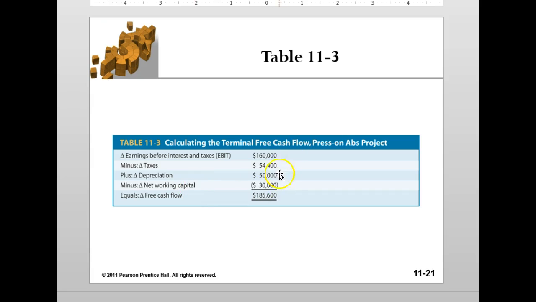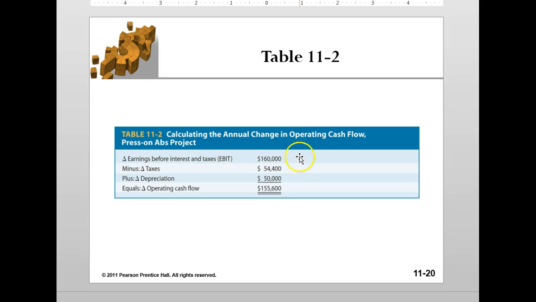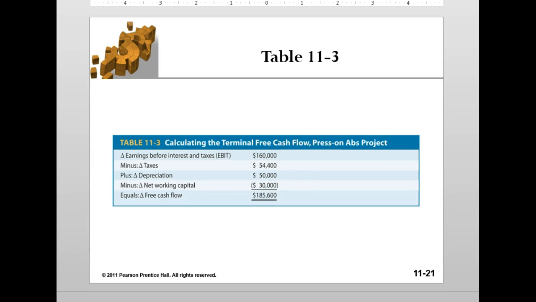Your working capital, did it go up or down? So now, what have we got? We've got a free cash flow of $185,000. See all the steps you went through? First you found EBIT, then you came back and you looked at it and you added depreciation, then you came back and looked at it again and looked at the working capital. So that gives you a year's worth of cash flow.